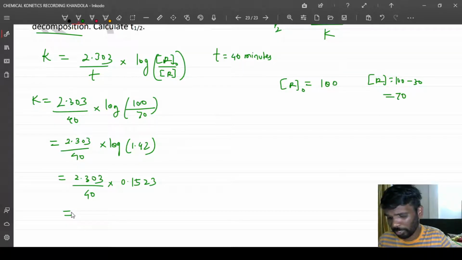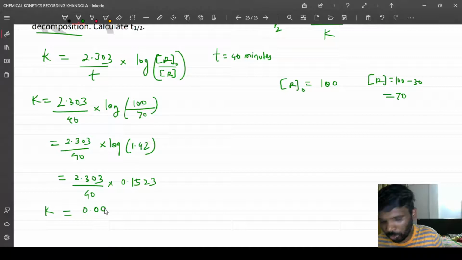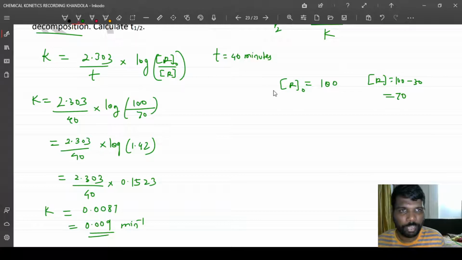So 2.303 multiplied by 0.1523 is equal to this, divided by 40. How much is the answer? I am getting k to be equal to 0.0087. So I'll approximate this to 0.009 per minute. So t half, I need to substitute over here.